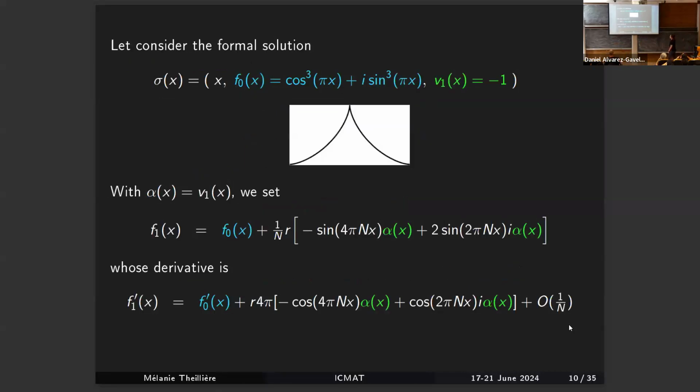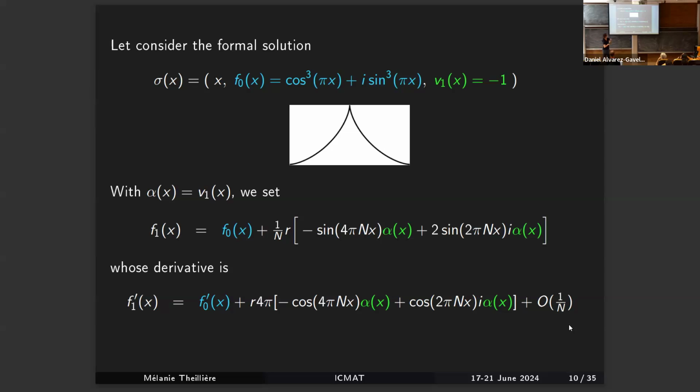So what we have, in fact, at the beginning, we consider the formal solution sigma. Sigma is given by our singular curve and a vector v1 which replaces the derivative. The derivative vanishes, so we have to choose another vector field v1. So I just choose v1 equal to -1. Why not?